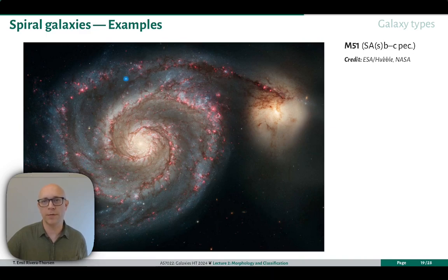So we have these star-forming regions that sit at the edge or inside the spiral arms, and then we have the light from the blue stellar population that has recently formed, also in the spiral arms and adjacent regions.